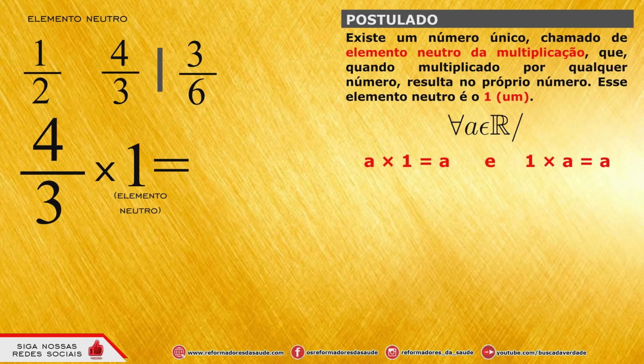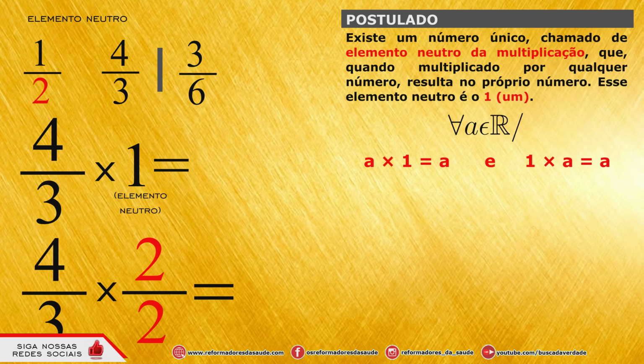Now taking the second fraction, we will do it the same way. The second fraction is 4 divided by 3. Using the neutral element, we can do 4 divided by 3 times 1, which is the neutral element. The neutral element can be equal to 2 divided by 2, because 2 divided by 2 is equal to 1.